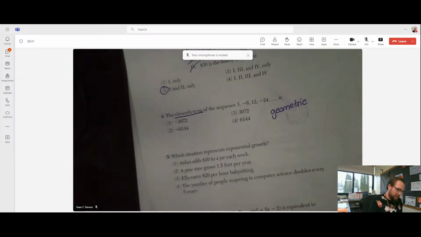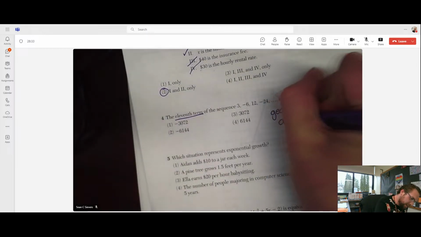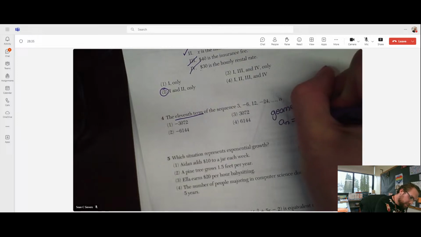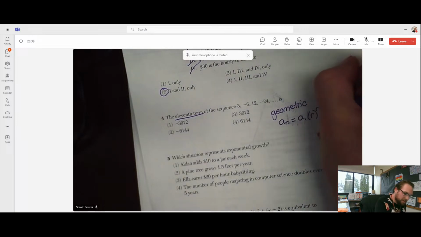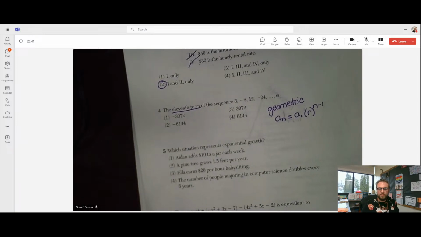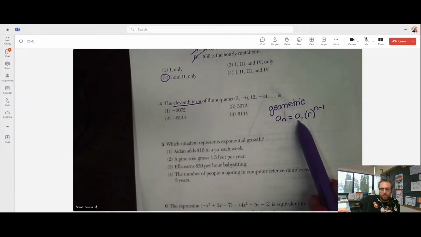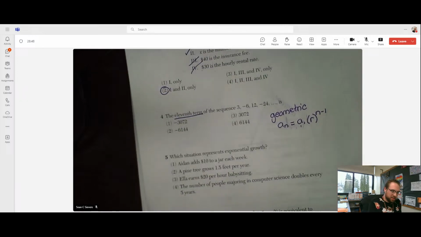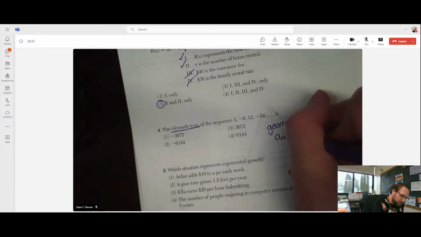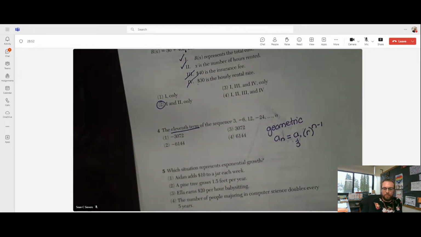Okay, so that formula is a sub n equals a sub 1 times r raised to the n minus 1. A sub 1 represents our first term. Okay, so I'm just going to go ahead and substitute 3 in for a sub 1.